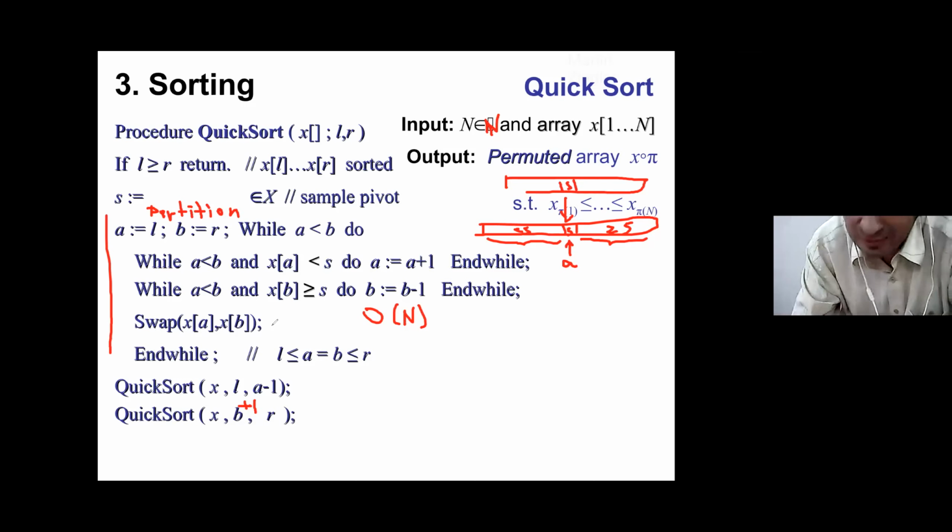But the problem with this partitioning is that S can land very much on the left or very much on the right. Whatever S you choose, you have no way of knowing how much in the middle S will land. It can land very much here or very much there. This is also the reason why I said you must be careful not to sort the element S itself, because you must ascertain that both recursive calls operate on an array whose size from left to R is smaller.